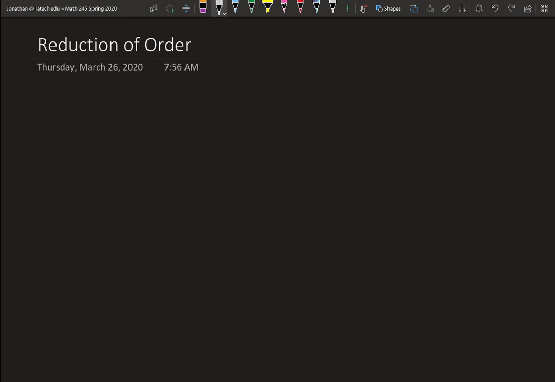Cool. Now, reduction of order, it's pretty simple, at least what you have to do. The derivation is pretty complicated, but I'm not going to go through it because it's basically the same thing we're going to do in a later section. So I'll just do the derivation in a later section, and it's very similar. But reduction of order says, given a second order differential equation y double prime plus p of x y prime plus q of x y equals 0, this is what we call standard form.